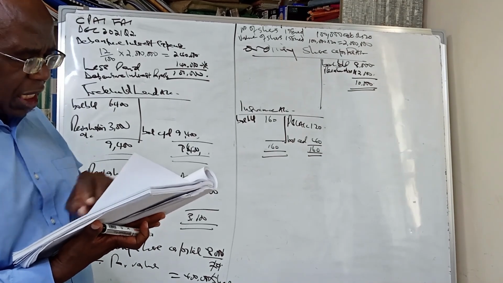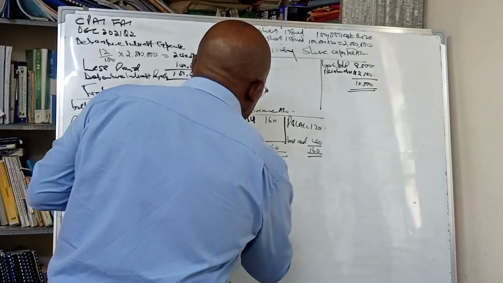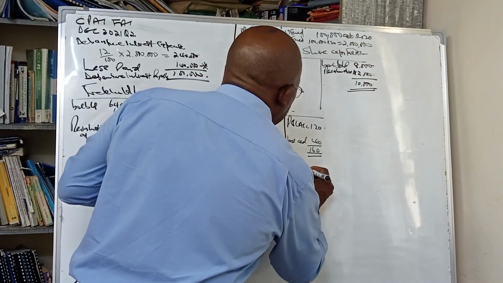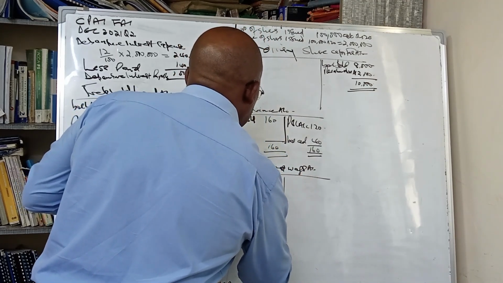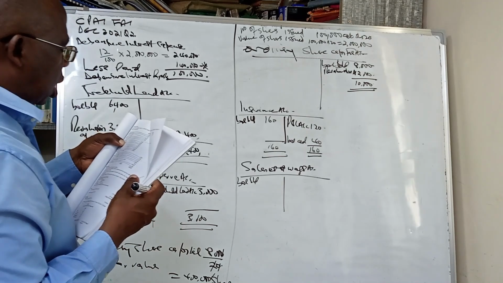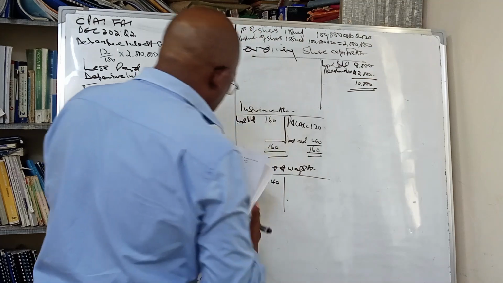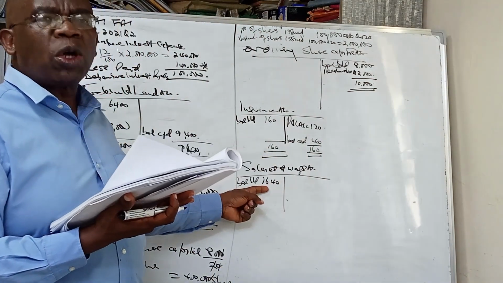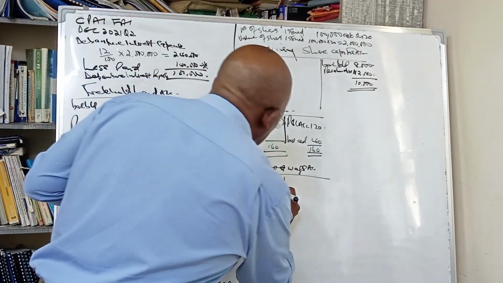Then you have salaries and wages outstanding. So we say salaries and wages account. The balance brought down on salaries and wages was 1640, and this is what we paid. But we have what we have not paid. It is outstanding, amounting to 60.